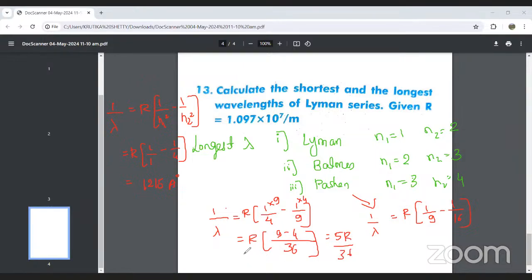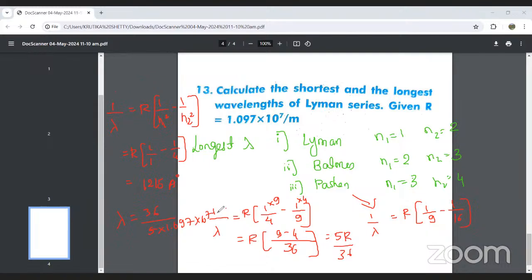But we require lambda. So lambda is equal to 36 divided by 5 into r. So for the Balmer series, lambda is 36 divided by 5 into 1.097 into 10 raised to 7. It is 5.485.